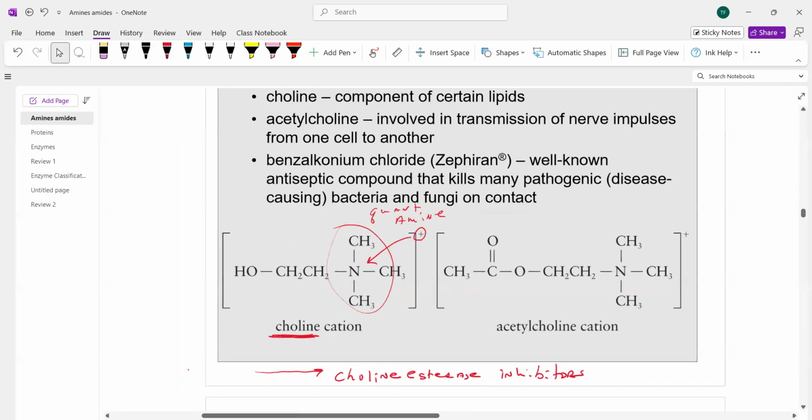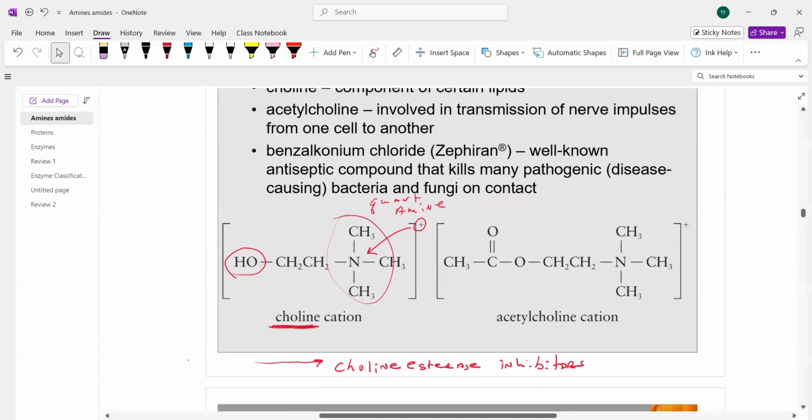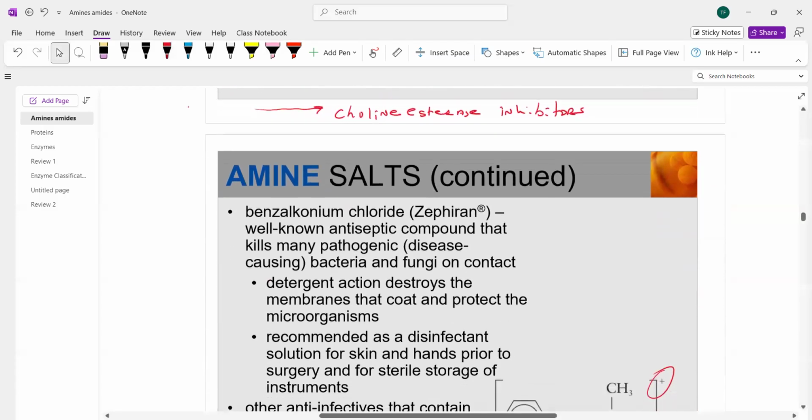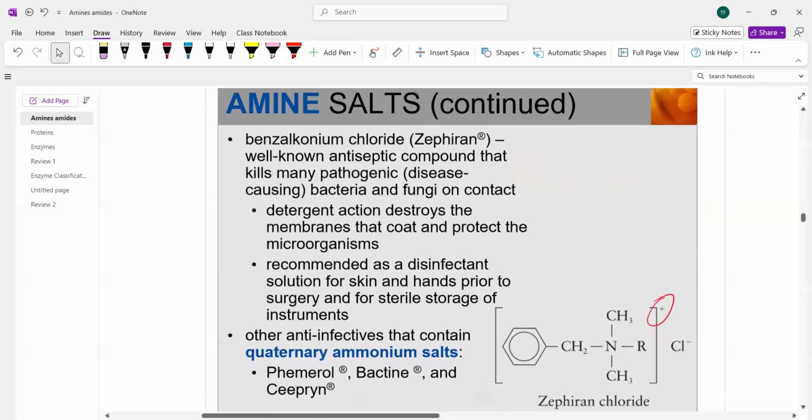Okay, and this is the part here that forms the ester with phosphoric acid on the bottom of the 3-carbon glycerol backbone. These guys are used a lot.